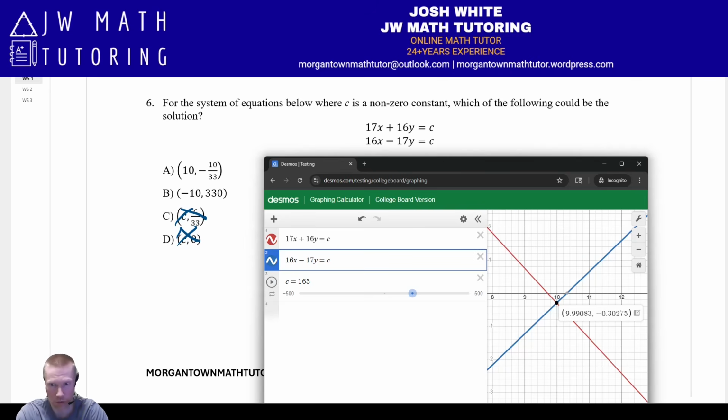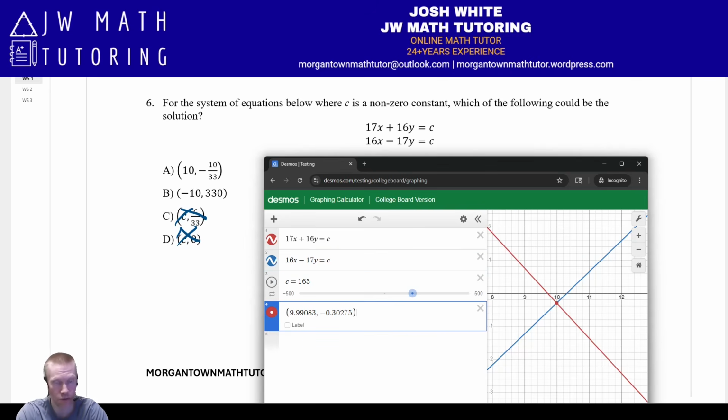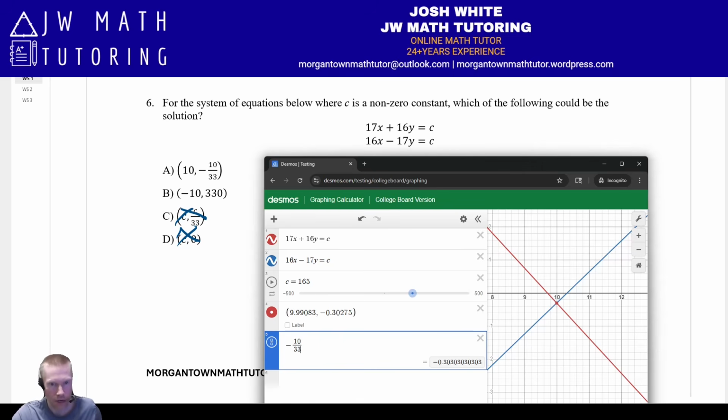Okay, so let's see what's the solution. Excuse me, it's pretty close to positive 10 for the X. It's not quite at it. And then if you look at the Y value, okay, negative 0.30275, it's very close to negative 0.30303030. So this one looks like it could be the correct answer, but let's check the negative 10 just to make sure.